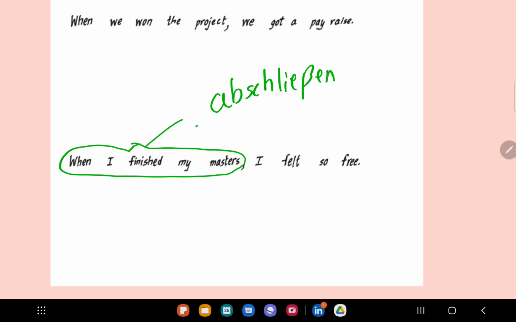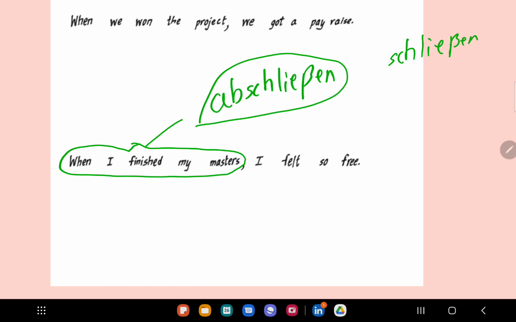We spoke about this last time, where we took schließen, and we saw how many different ways you can use schließen. So abschließen is to finish or to complete. Then you have this adjective or adverb, aufgeschlossen. It means open-minded or broad-minded.